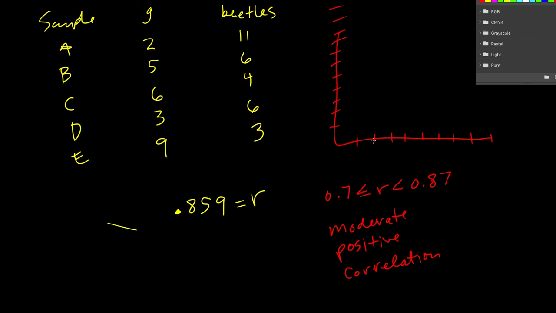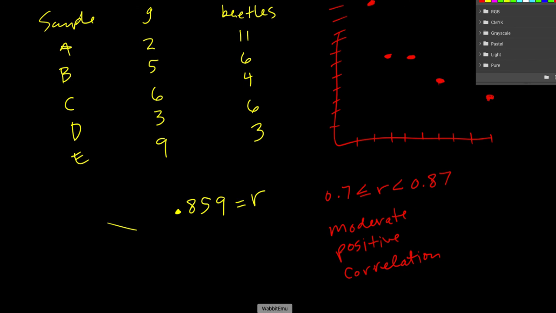So we go 2, 11, then 5, 6, then 6, 4, then 3, 6. It's going to be there. And then 9, 3. Okay.